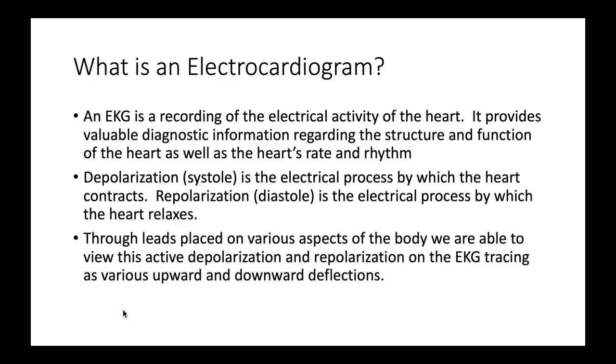Now, when we get a 12-lead EKG, we place leads on various aspects of the body, and then we view this active depolarization and repolarization on the EKG paper tracing. And we'll see upward and downward deflections, and we'll talk a little bit more about what each one of those means, depending on what lead we're looking at.